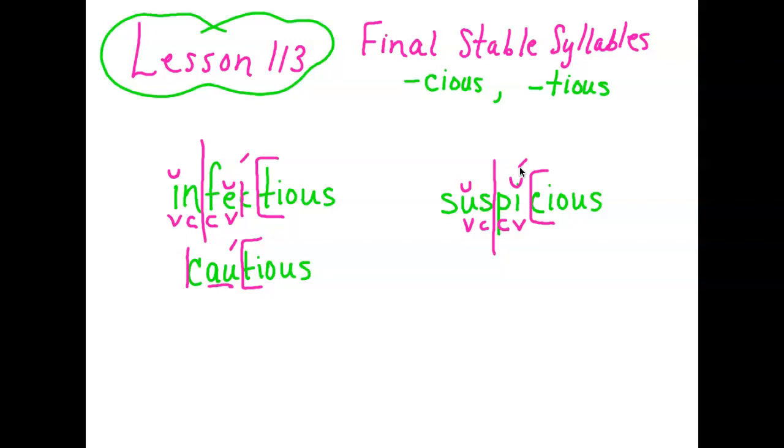Okay, so let's do a quick review before we flip over to our worksheet. First thing, what's the first thing we should look for before coding a word? We would look for final stable syllables or suffixes. And how do we code suffixes? We box them. What should we do after we box a suffix?